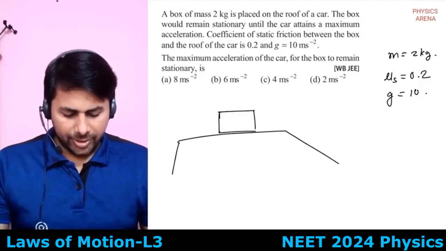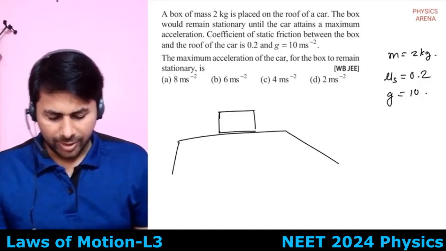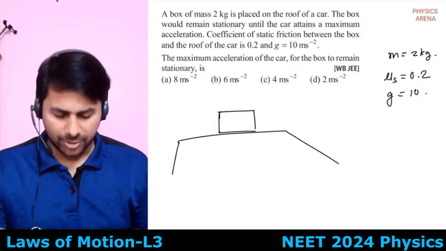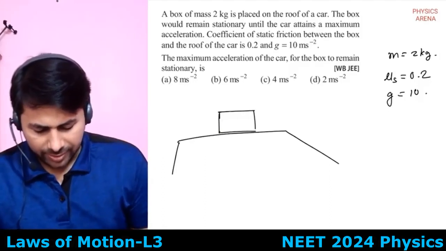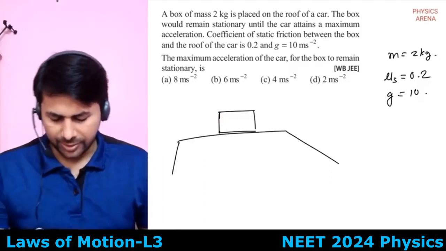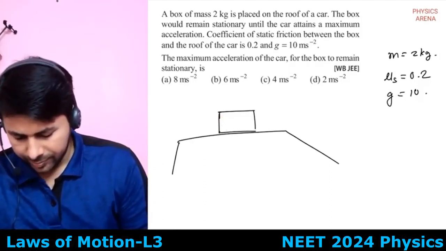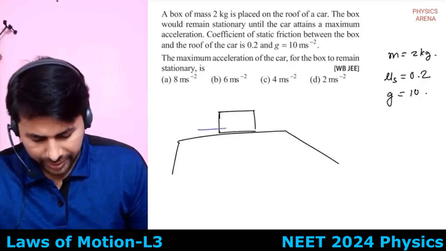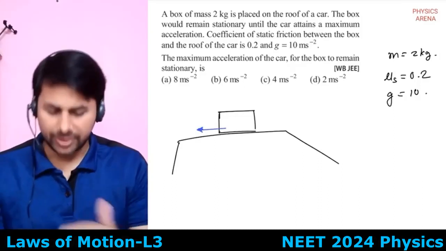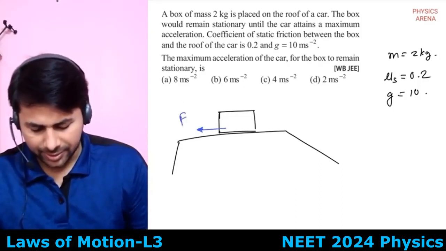So now what happens? Because there is frictional force, we can imagine this from the frame of reference of this body. We can say that this one is moving in backwards direction with some acceleration.